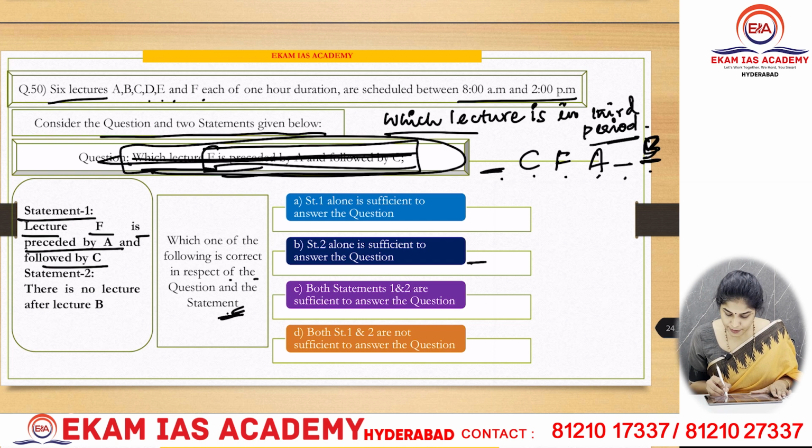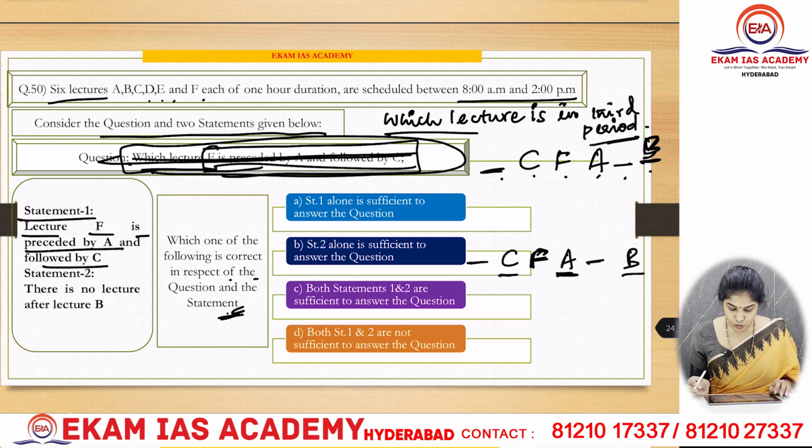So if you write it like this, F is preceded by A and followed by C. So B is the last lecture, right? So to give this answer, all the two statements are not possible.